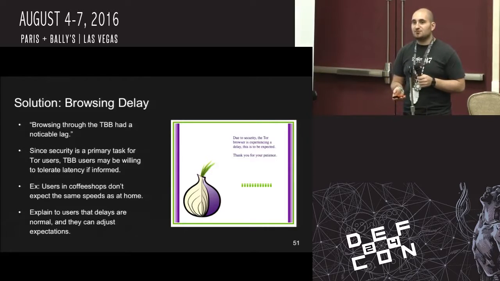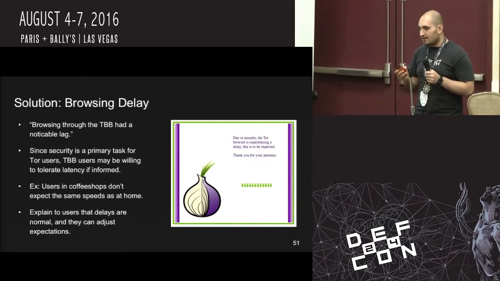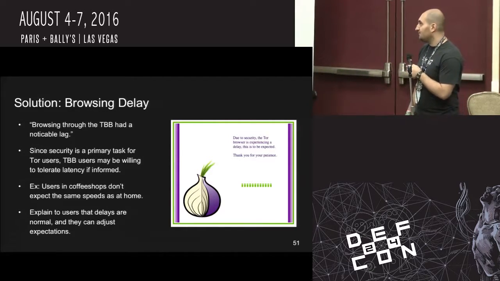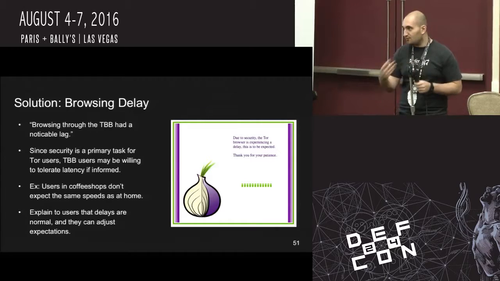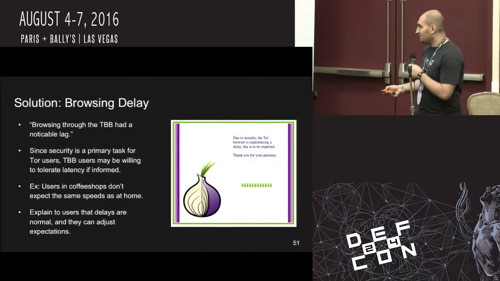There's been some research that users are more willing to make some sacrifices if they're explicitly using privacy enhancing technologies. And also, in general, if you're in a coffee shop, you might not be as angry you can't use Netflix as if you were at home. It's about setting expectations. So we came up with these warning dialogues that could pop up when Tor was experiencing a large amount of latency and say, due to security.